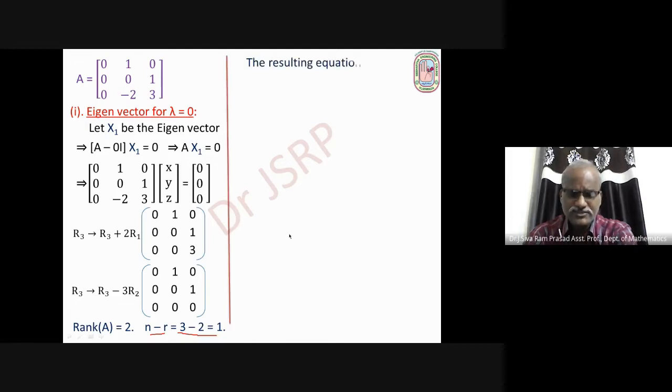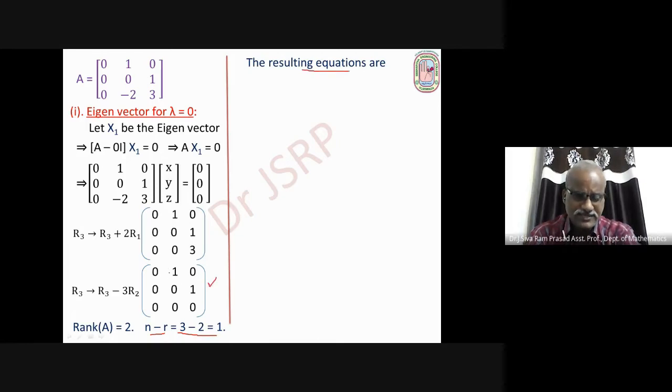Next, how many variables are to be chosen as arbitrary constants? For that, n minus r. n is the number of variables, that is 3, minus r. r is the rank 2. So n minus r is 3 minus 2, that is 1. So one variable can be chosen as an arbitrary constant. Now from this echelon form, write the resulting equations.